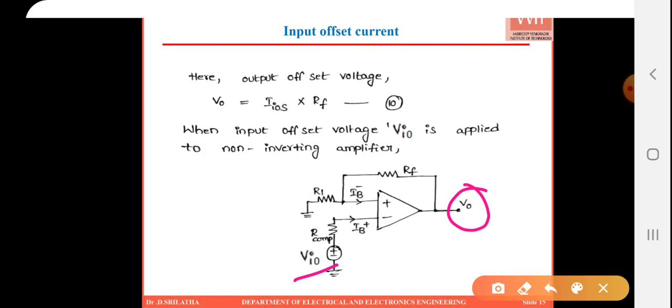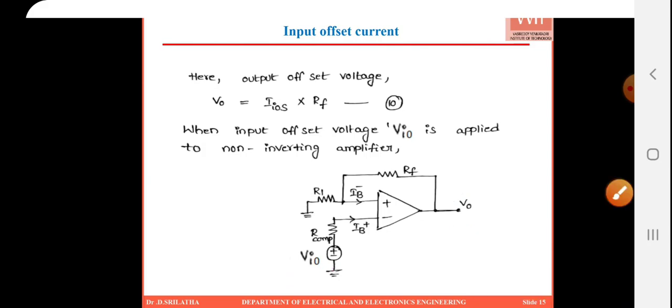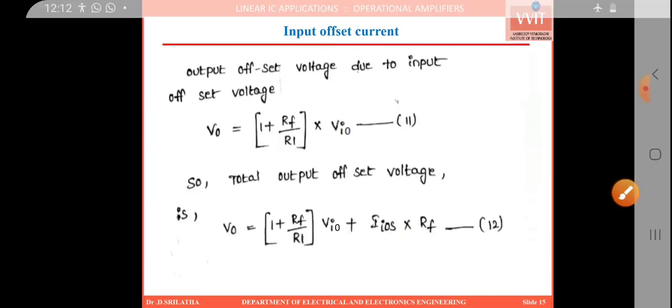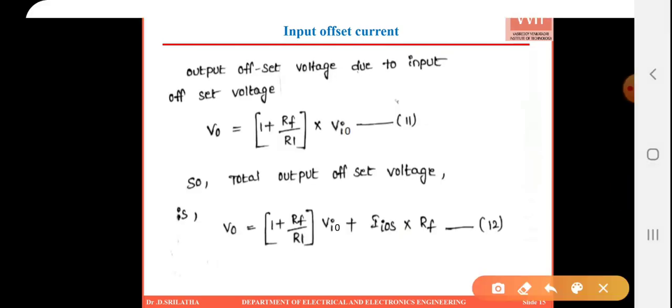Depending on whether it is a non-inverting or inverting amplifier, we calculate the output offset voltage accordingly. For example, here I am going to take a non-inverting operational amplifier. The output offset voltage due to input offset voltage is (1 plus RF by R1) times VIO.